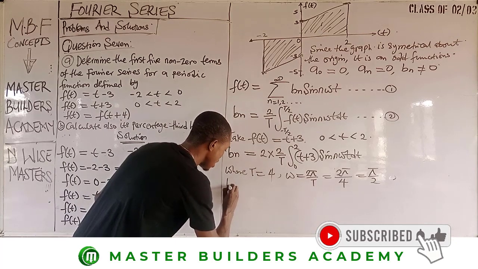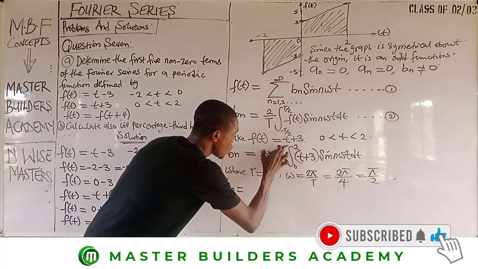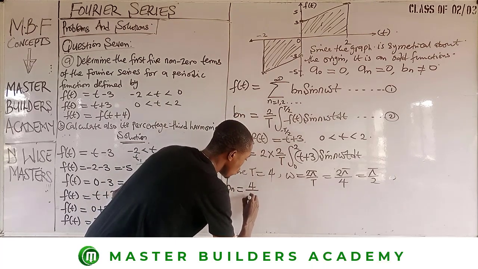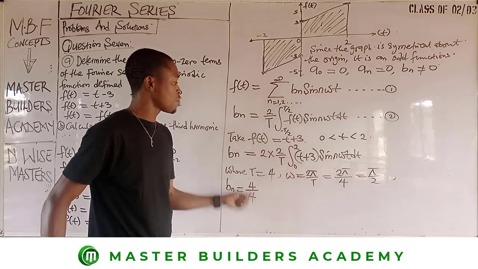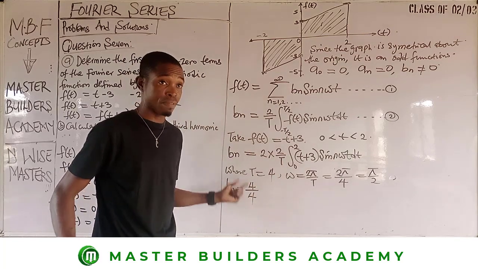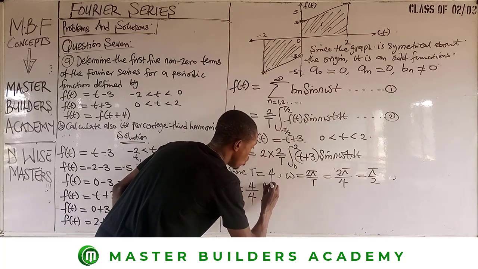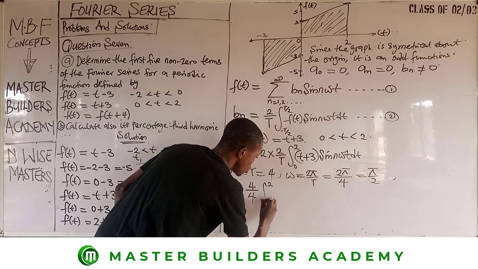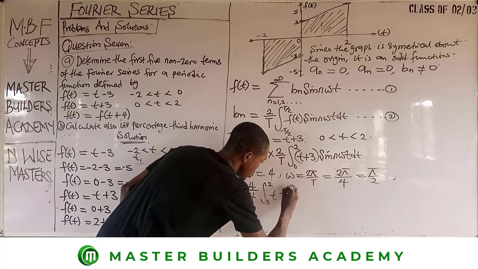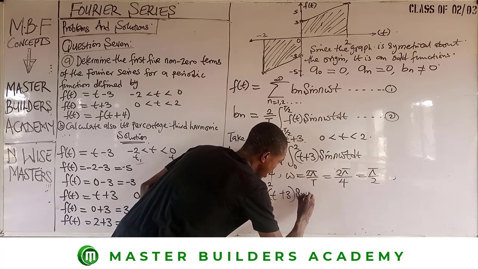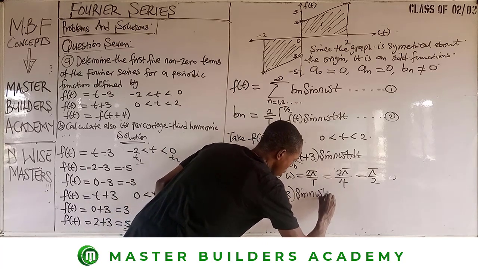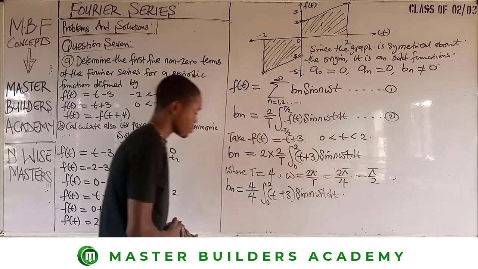And then we have dn is equal to, this will have given us 4 over 4. Remember the value of t is 4. 2 times 2 gives us this numerator as 4. Then the value of t is 4. We now have integral of 0 to 4 of (t plus 3) sine n omega t dt.